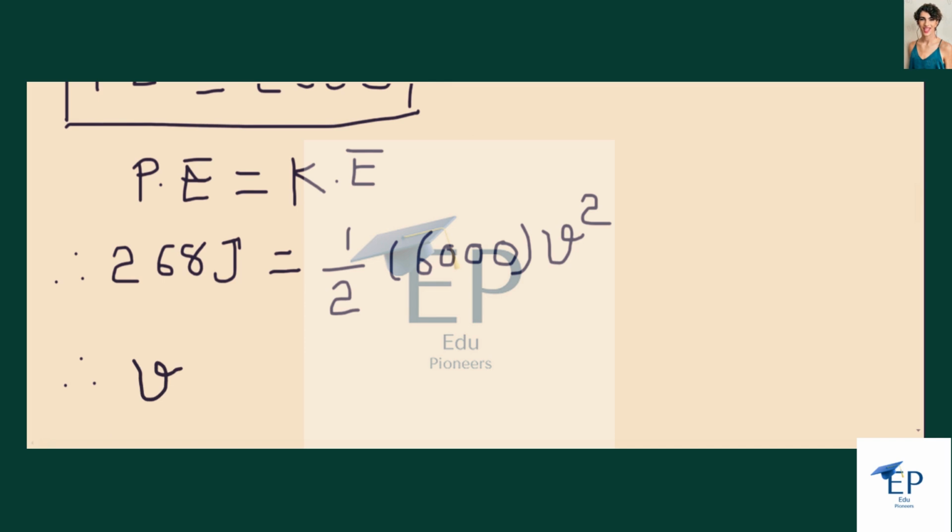Now let's find out the V from this by putting all the values.